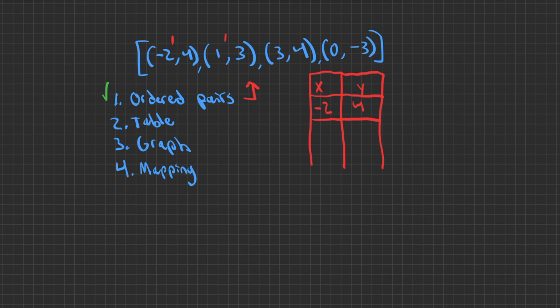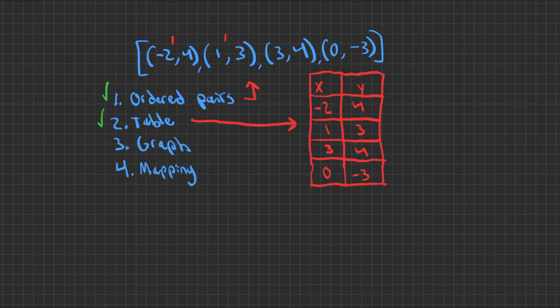Next ordered pair, when X is 1, Y is 3. Next one, when X is 3, Y is 4. And for the last ordered pair, when X is 0, Y is -3. This right here is our table.